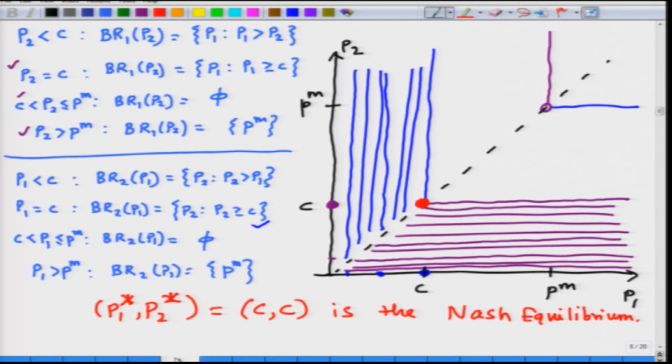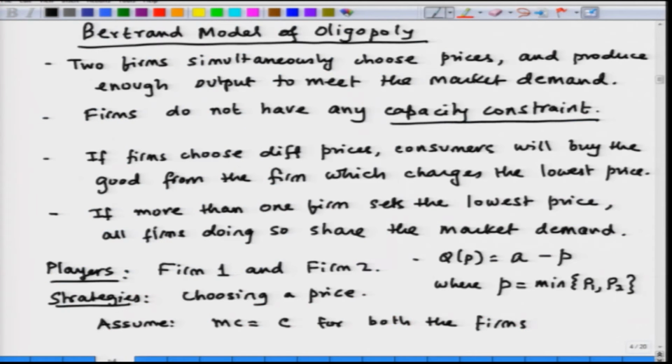Now, before we leave this model, the assumption in this whole setup is that firms do not have any capacity constraints, and as with the Cournot model, the firms are also producing identical products, right. So, as far as the consumers are concerned, these goods are perfect substitutes, right. We will see what happens when we relax some of those assumptions in a few moments.